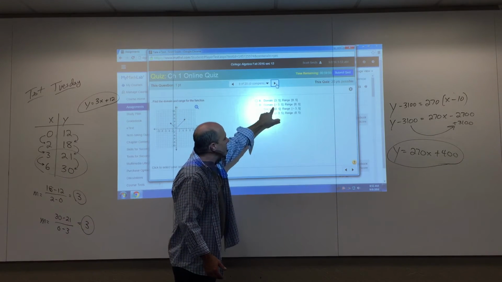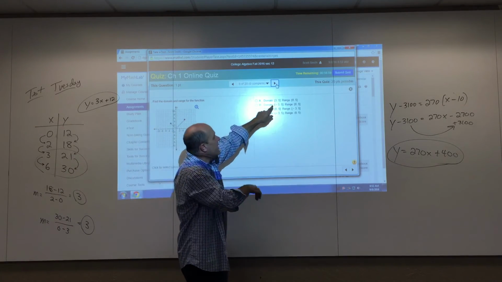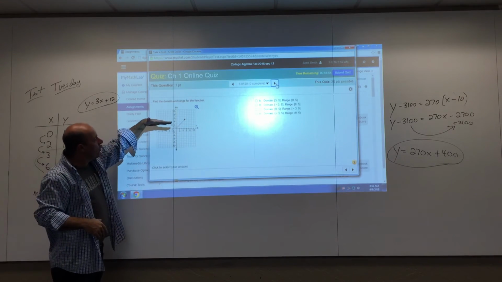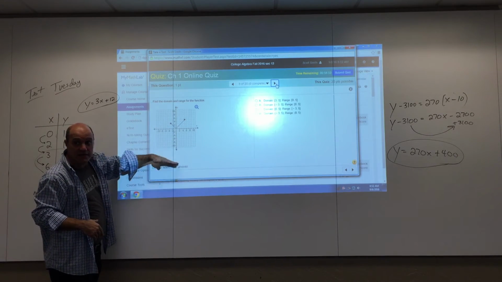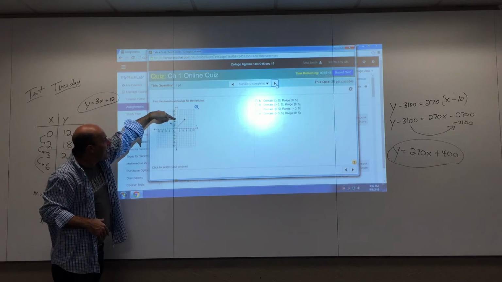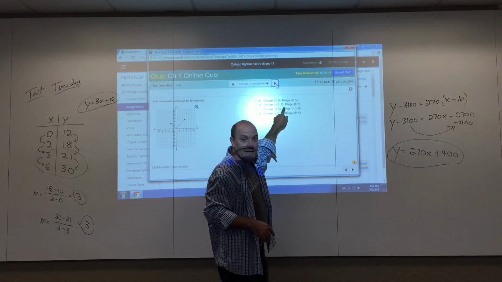Probably including it. They've got nice colored in dots. That means you include the -3 and the 5. So it's probably B. Let's look at the range. The lowest y value is 0. The highest y value is 5. So 0 to 5 on the range. Yeah, that's a good answer.